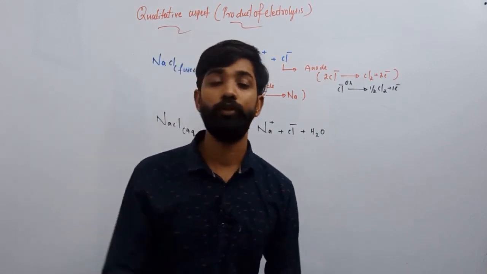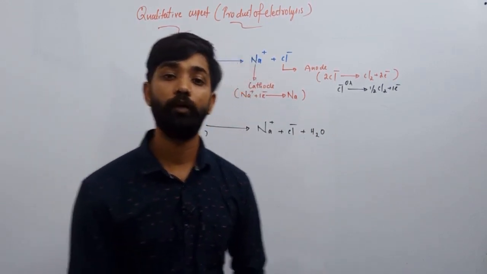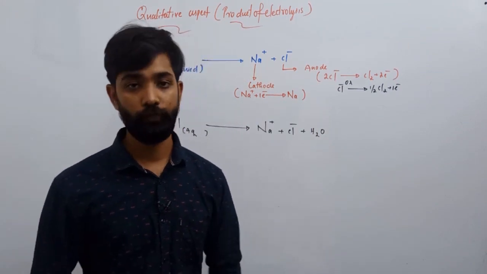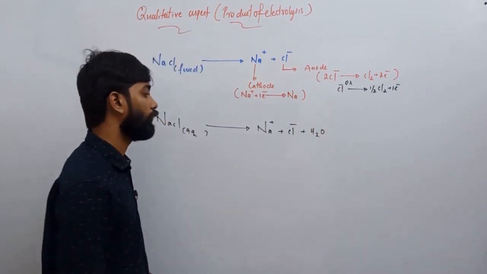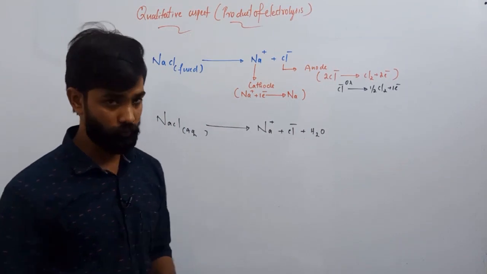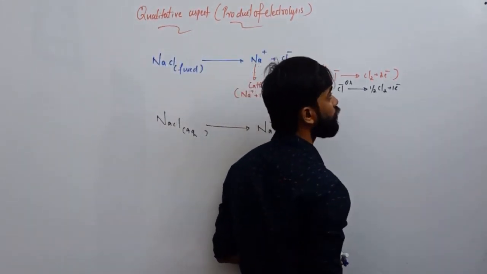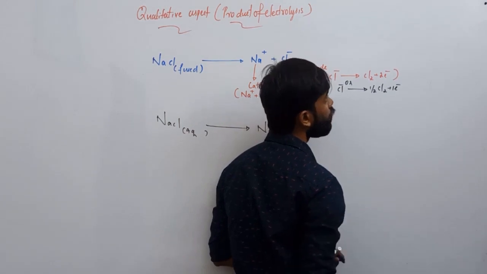And you have to know that water has a tendency to oxidize or reduce. So here there will be a competition. Before that, let's check how the oxidation and reduction of water takes place.